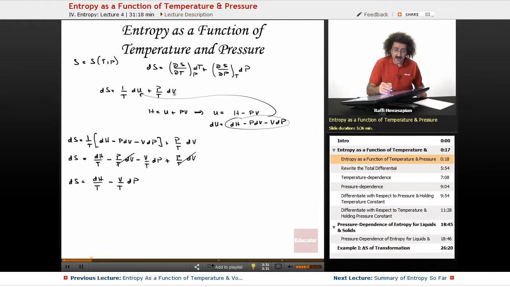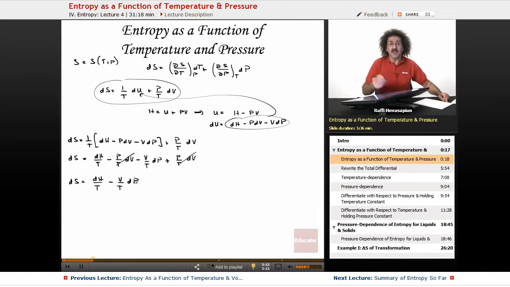This one is the fundamental equation of thermodynamics. This is just the enthalpy version of it. That's all. In other words, it expresses the change in entropy in terms of the change in enthalpy and the change in pressure.